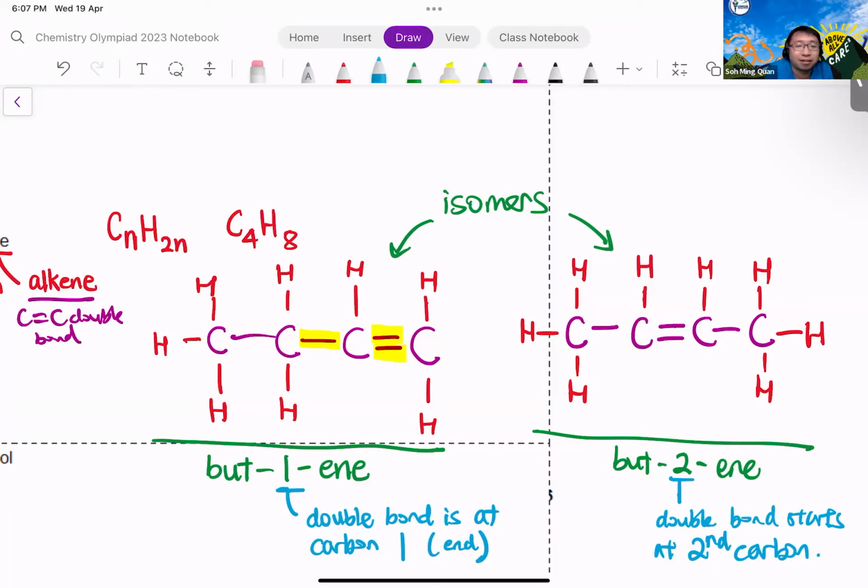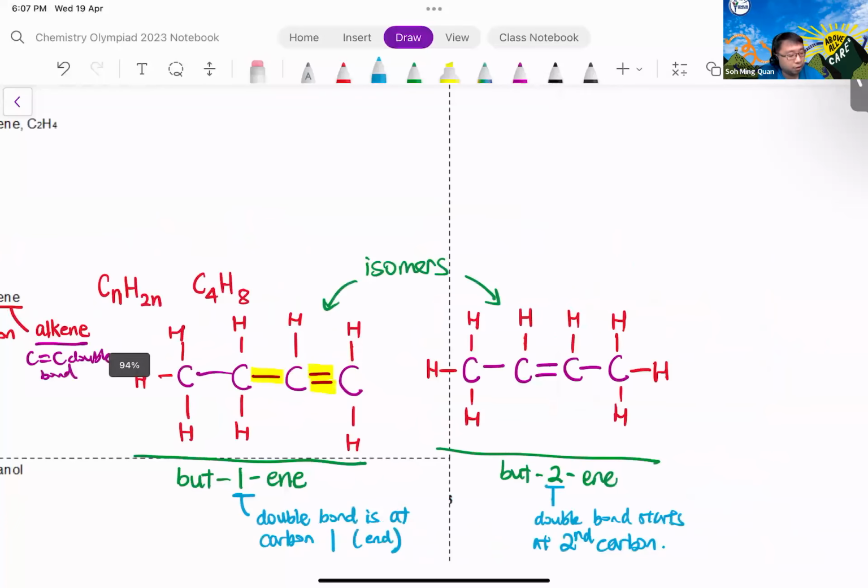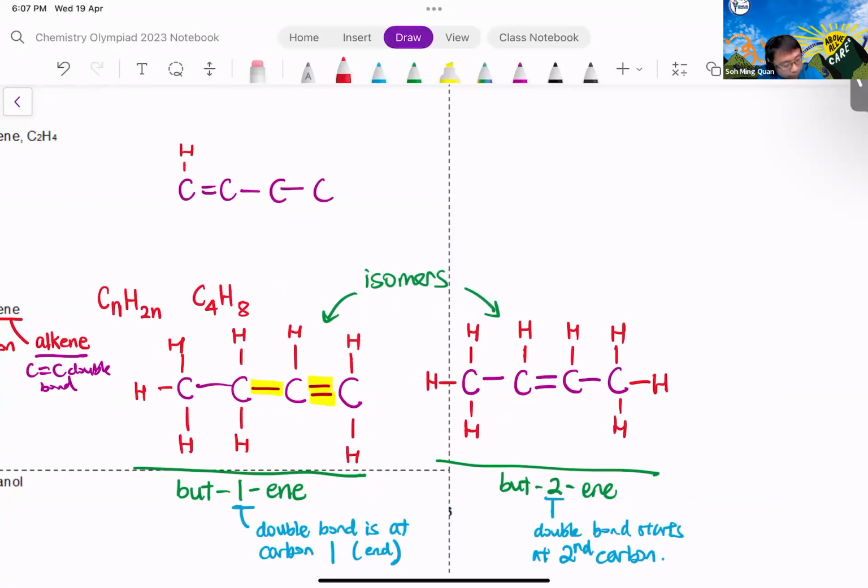Right? Can that be but-3-ene? So let me quickly draw. Maybe the double bond can be right on the left, right? So this is another possibility, right? However, this is not an isomer.